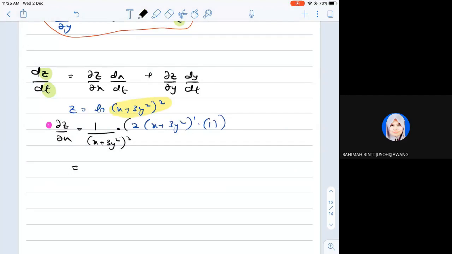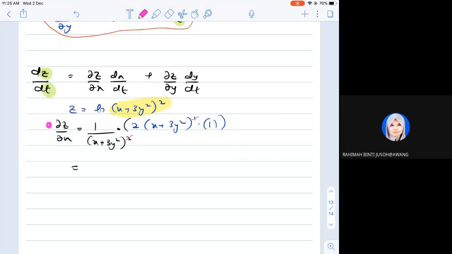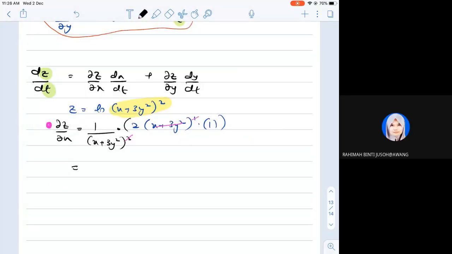Okay guys, we can cancel this, isn't it? The power of 2 with the power of 1. This term can cancel, right? But below it is still there. It can cancel this one, meaning. It's the same, X plus 3y squared. So we will have 2 over X plus 3y squared. Like this, no need for the power of 2.